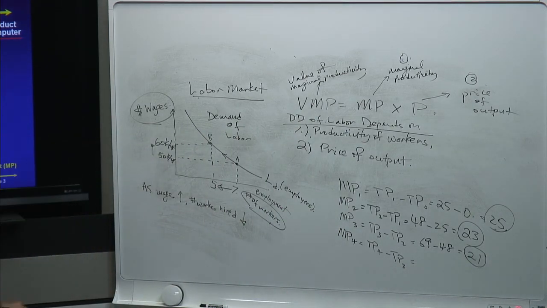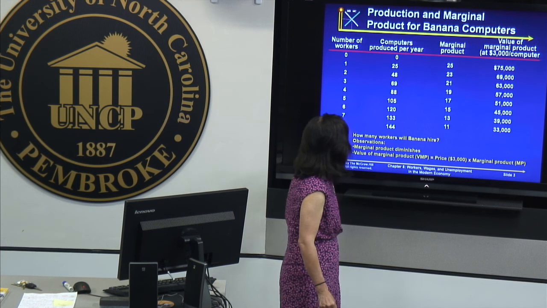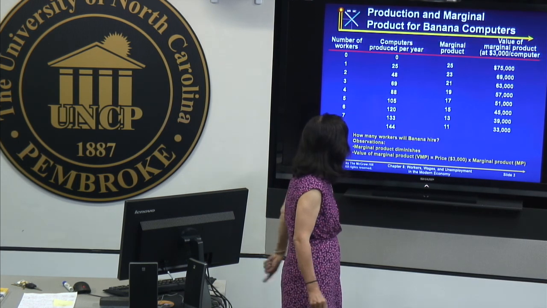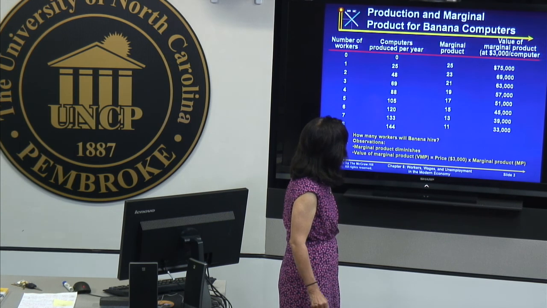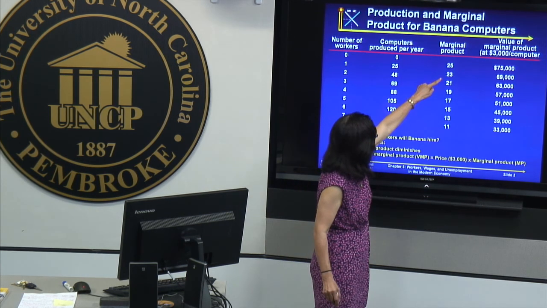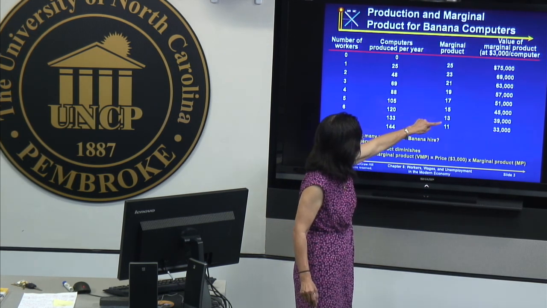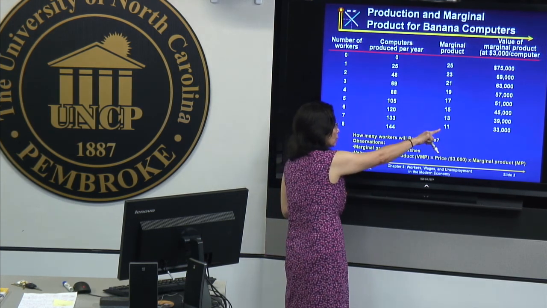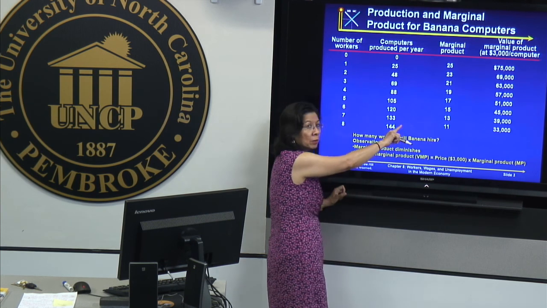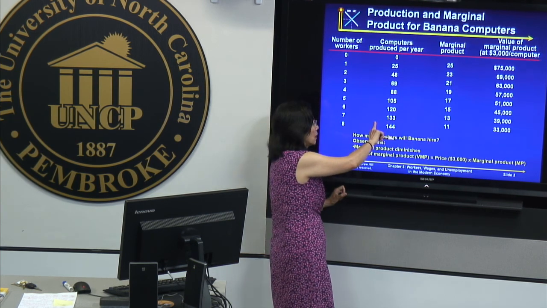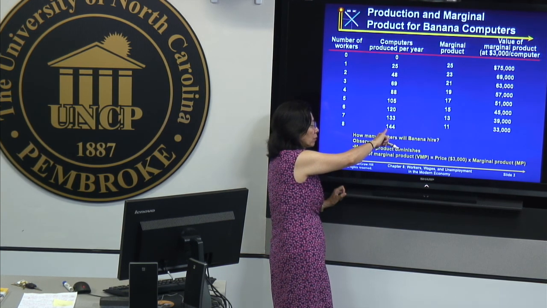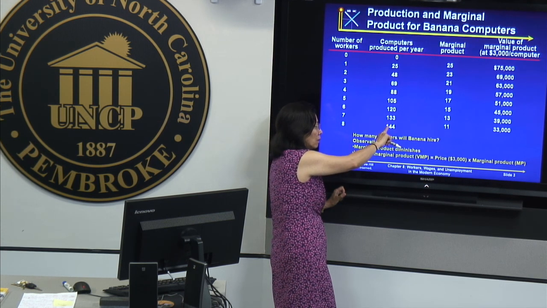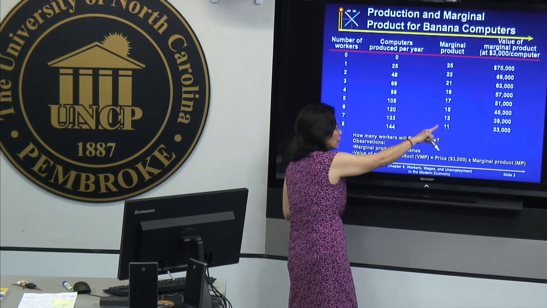So for example, for the last one, you got 11 because of the marginal productivity of the 8th worker: 1, 2, 3, 4, 5, 6, 7, 8. So the marginal productivity of the 8th worker is derived by taking total productivity of 8 workers, which is 144, minus total productivity of 7 workers. 144 minus 133 gives you 11.